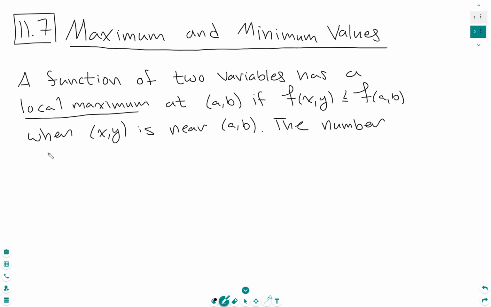The number f(a, b) is called a local maximum value.